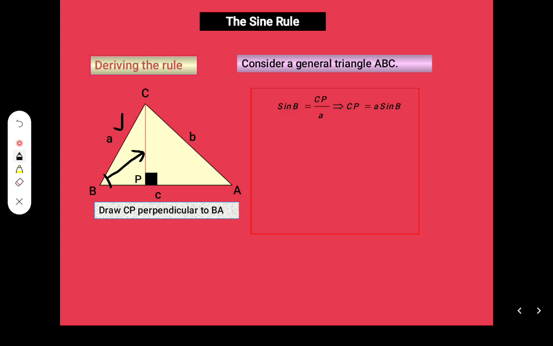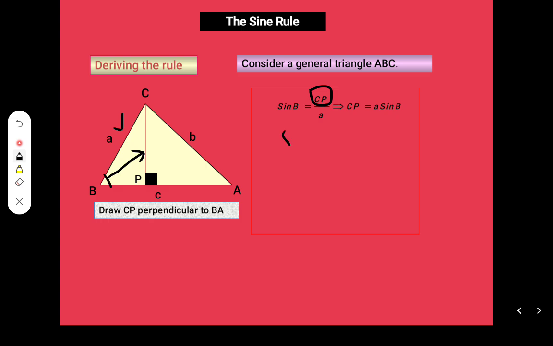Making CP the subject of the formula gives us CP equals A sine B.